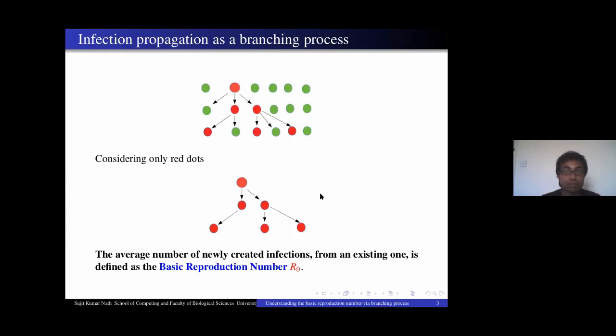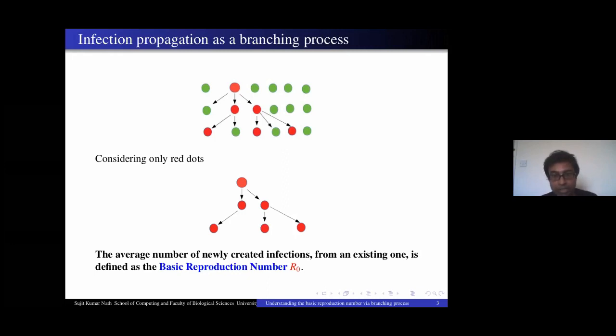Right now I think everybody is familiar with the term R naught. R naught is the mean, or average, number of newly infected persons created by an existing infected individual. It is called the reproduction number R naught, and it is a predictive parameter for the fate of the infection in the population.